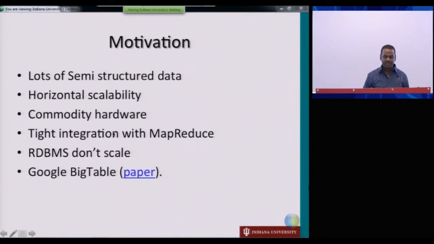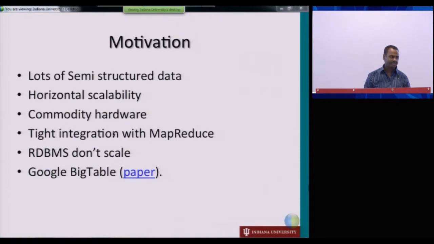The idea behind HBase is originally from Google. Google came up with something called Google Big Table. The motivation was that Google had a lot of data which was semi-structured and very, very large. They wanted a storage system where they could do random reads and writes for this data, as well as horizontal scalability.